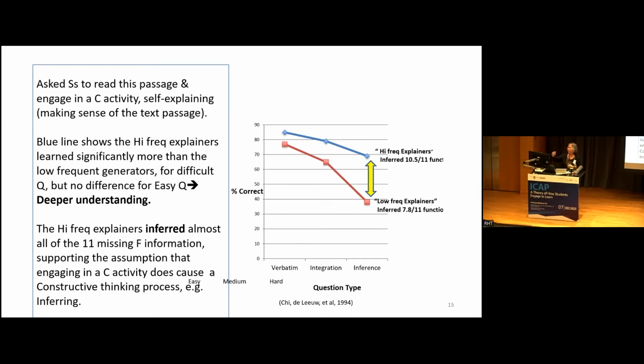That is, the high-frequency explainers learn significantly more on the hardest questions. But in fact, there was no significant difference in their performance on the shallow questions. So for the easy questions, you don't need to do a lot of self-explaining in order to learn. Okay, so this result shows very clearly, and there are other results as well, that the benefit of being generative is that you get deeper learning.